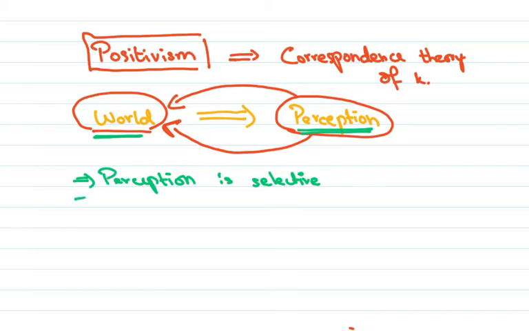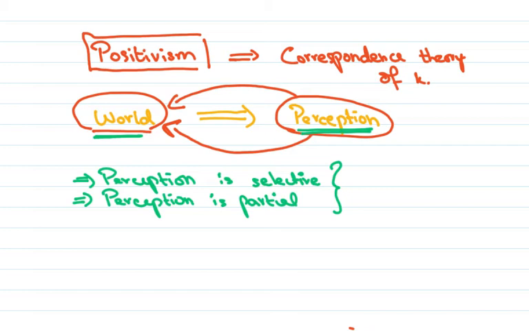Secondly, because our perception is selective, our understanding of the world, or our perception of the world, is always partial. It's never complete. These are things we know through studying subjects such as cognitive psychology as well.